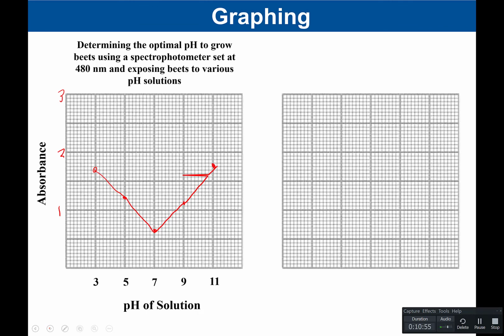Your second experiment was looking at the effect of surface area to volume ratio on the rate of diffusion. And so what we did is we were looking for percent weight change and potato cube size. So we need to ask ourselves, which one depends on which?